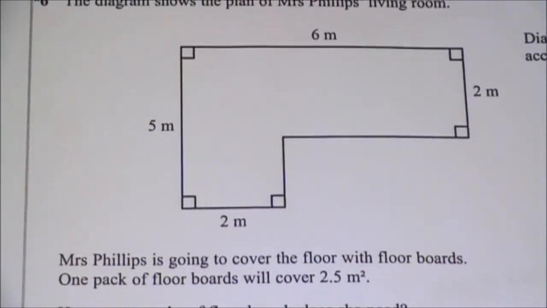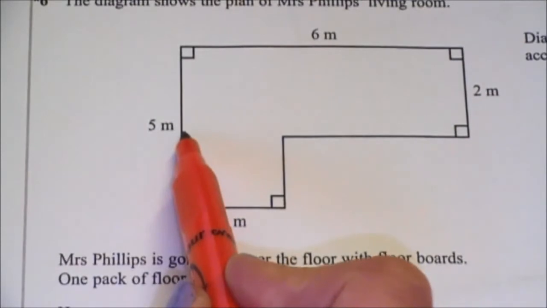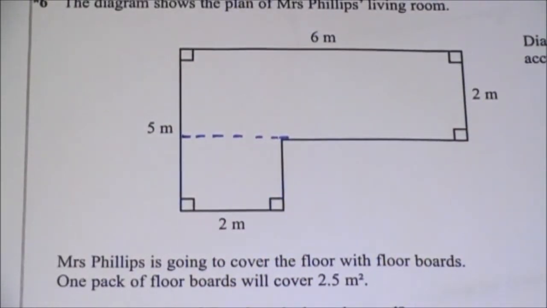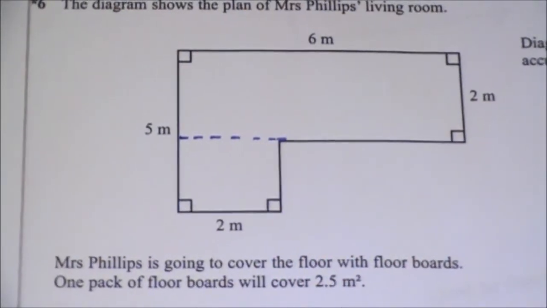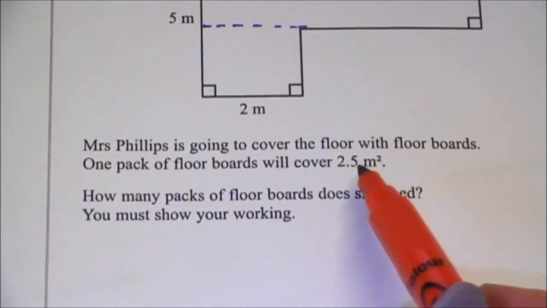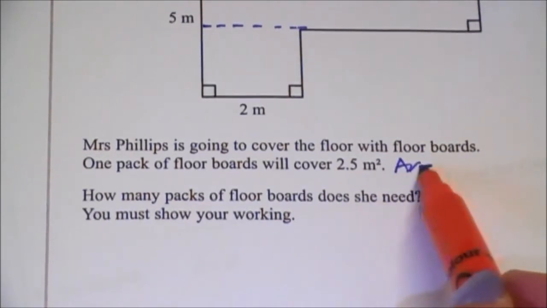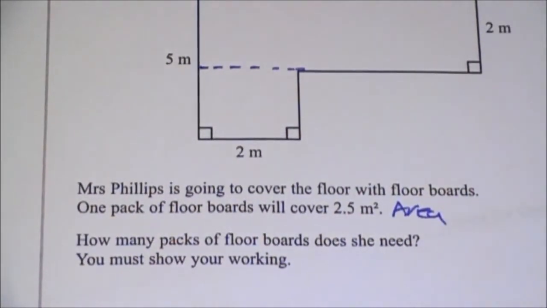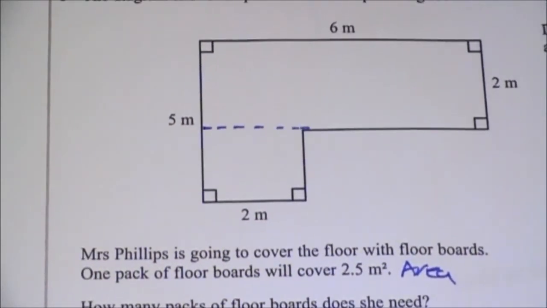This is a compound area question. They want to see you split that compound shape up into 2 recognisable shapes. In this case, 2 rectangles. Because this is all about how many packs of flooring she needs, and they've told me that the area covered by 1 pack is 2.5, the first thing I need to do is find the area of the actual living room.